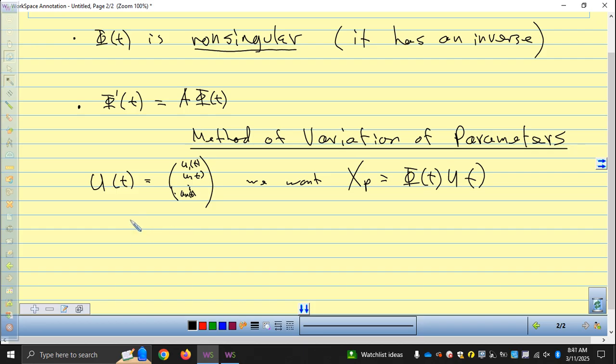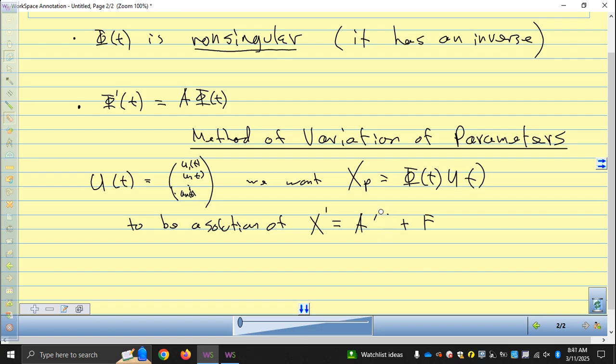And we want that to be a solution of x prime equals Ax plus f of t, our non-homogeneous equation.